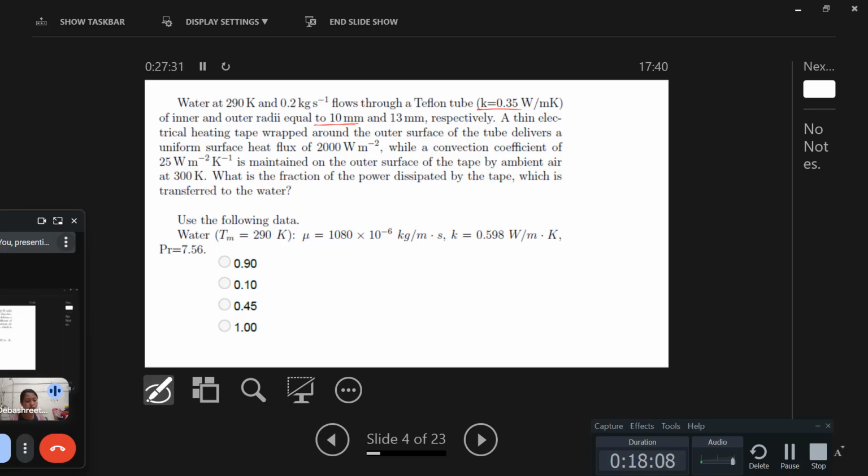So inner radius is 10 millimeter and outer radius is 13 millimeter. A thin electrical heating tape wrapped around the outer surface of the tube delivers a uniform surface heat flux of 2000 watt per meter square.